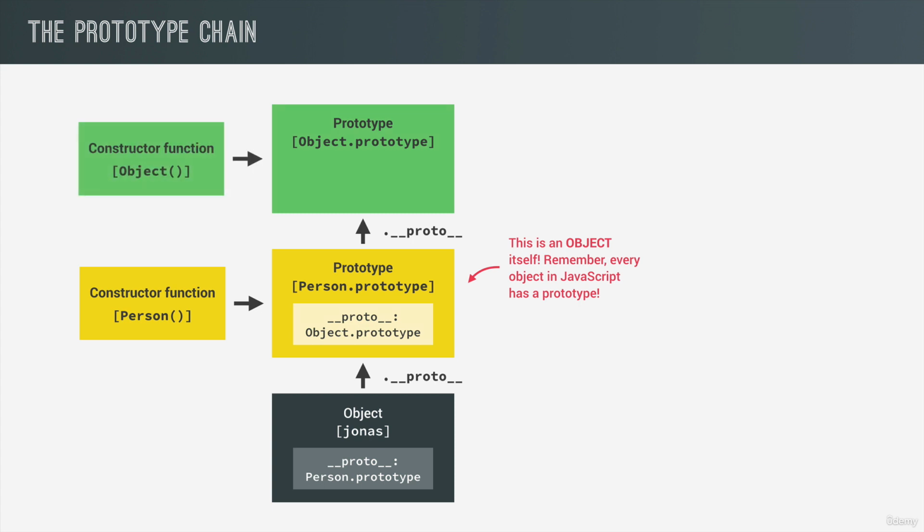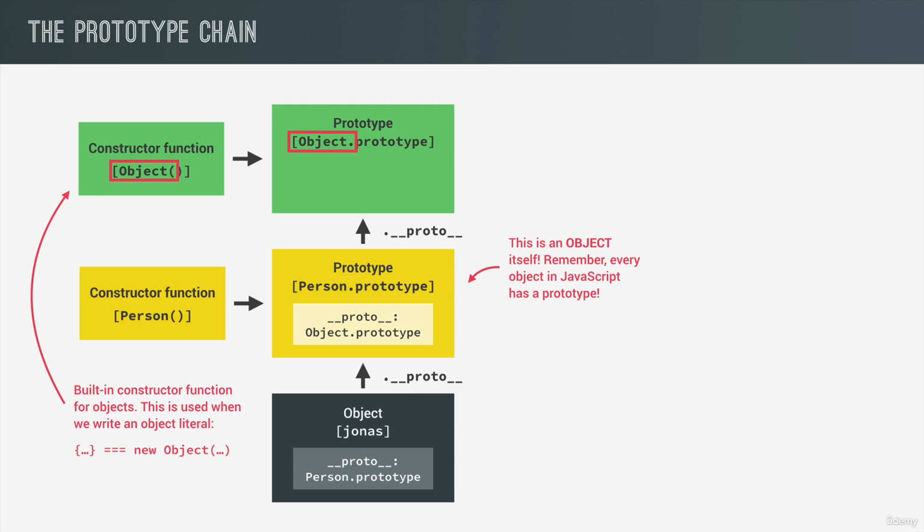And this is actually the function that is called behind the scenes whenever we create an object literal. So just an object simply with curly braces. So essentially the curly braces are just like a shortcut to writing new Object. Okay? But anyway, what matters here is that Person.prototype itself needs to have a prototype. And since it has been created by the Object constructor function, its prototype is going to be Object.prototype.